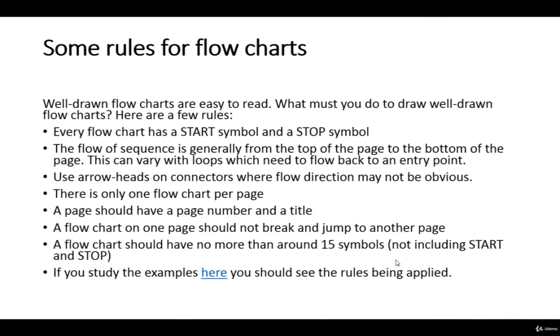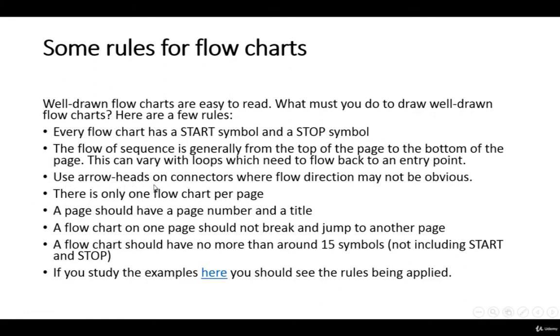There are some rules for flowcharts. First, every flowchart has a start symbol and a stop symbol. The flow of sequence is generally from the top of the page to the bottom of the page. This can vary with loops which need to flow back to an entry point.